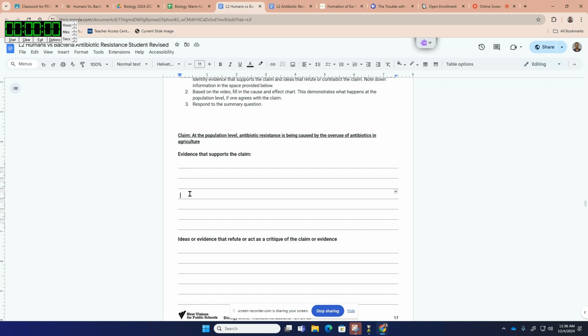So then it says, what refutes that claim? If that's what certain people are saying, that the resistant bacteria that are being evolved or selected for on farms are passing into human populations, what evidence refutes that?